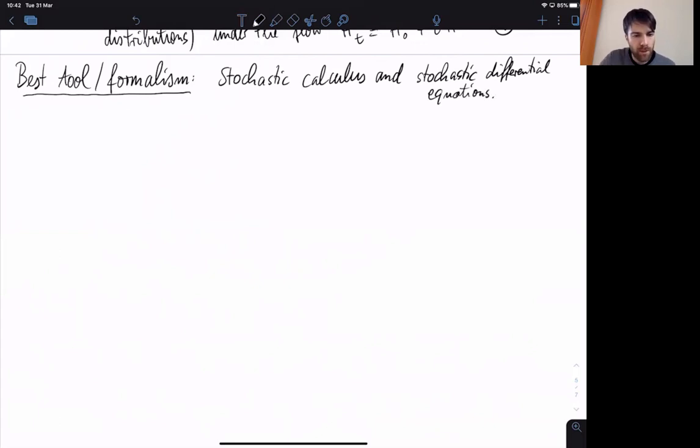Okay, and the two basic equations we want to look at are the following. So, in some sense, instead of star, we want to study the following.